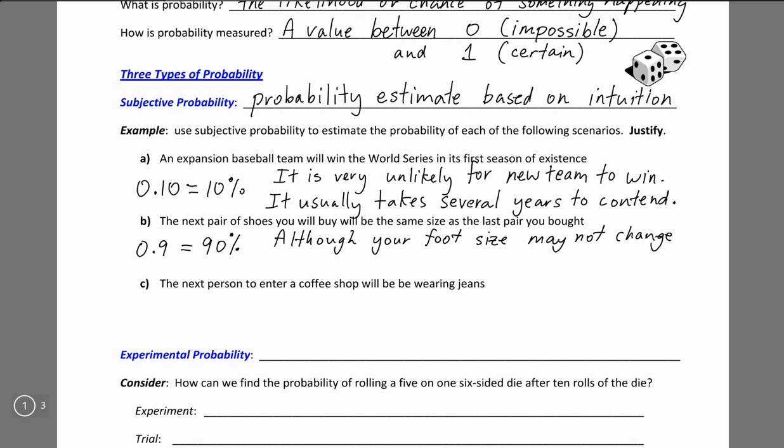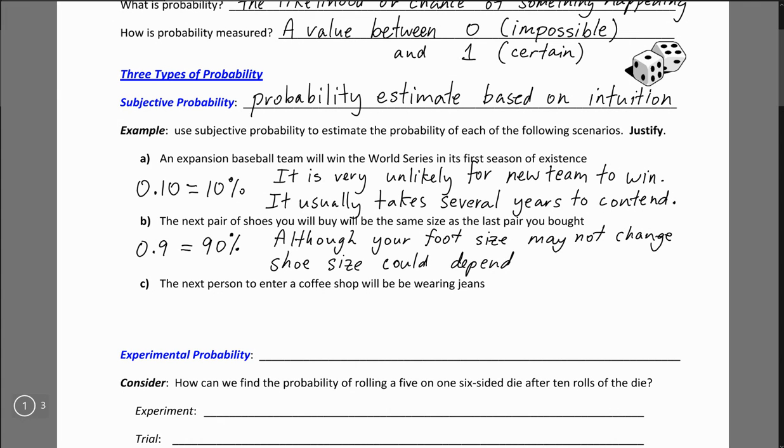So maybe one brand will make a size 8 shoe slightly different than the other one. Maybe they'll make it a little bit wider, a little bit longer. Okay, so although your foot size may not change, shoe size could also depend on style or the brand.